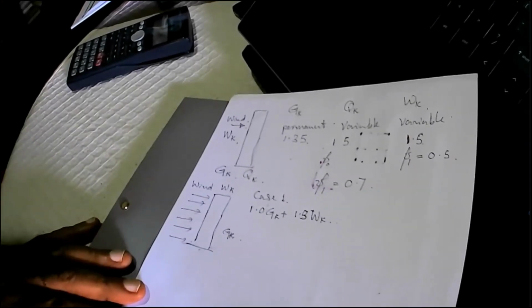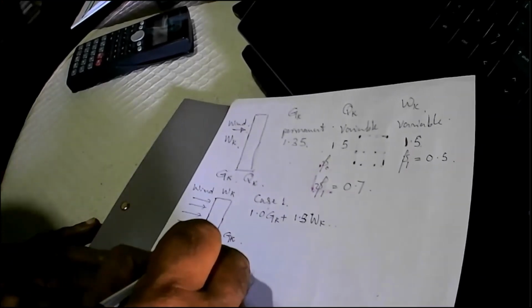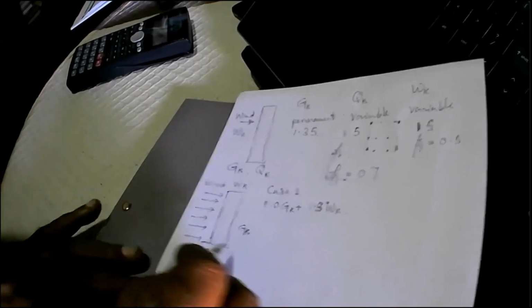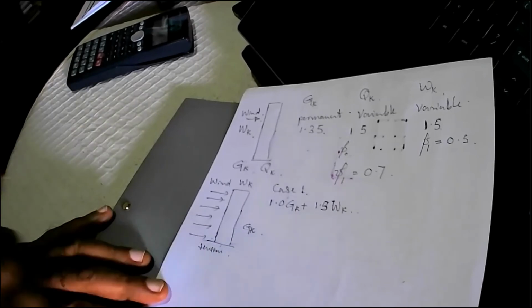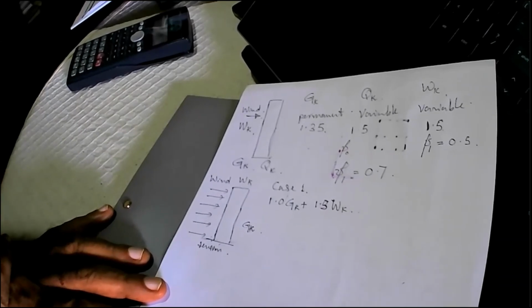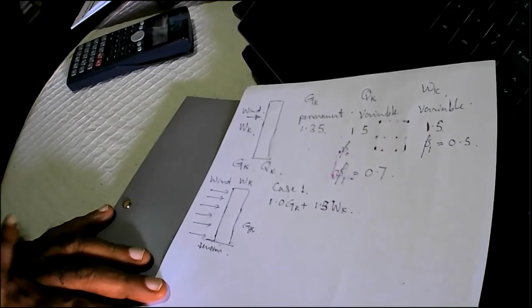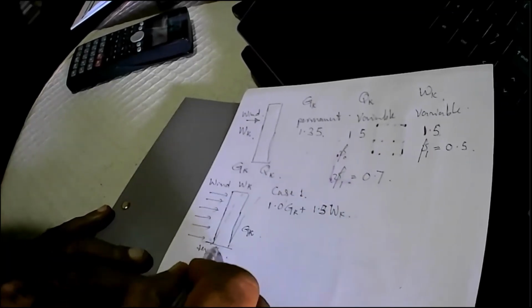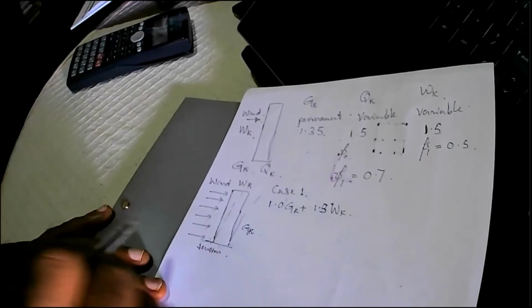And what happens in case one is this side can go into tension. This checks whether tension can occur on the windward side, because the building is going to deform towards the leeward side. So the building is going to move like this, and then there's a possibility of tension occurring here.